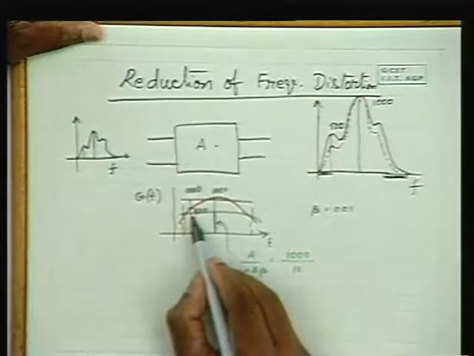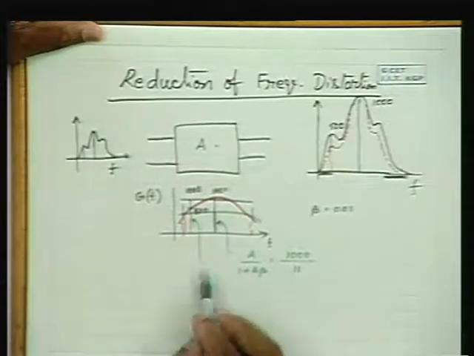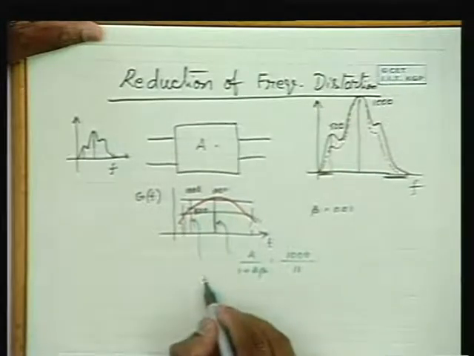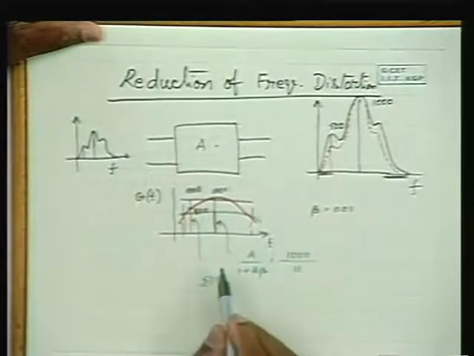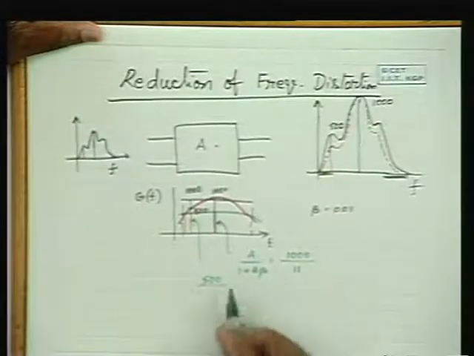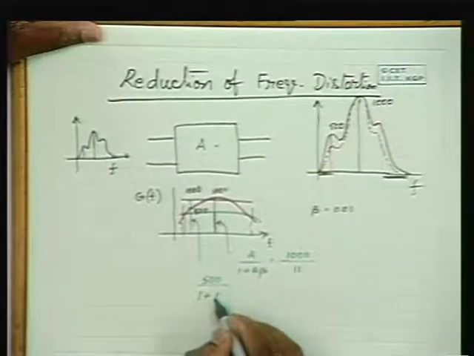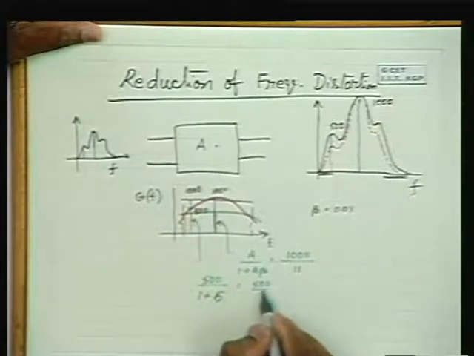And what about the gain for this? Gain at this frequency now? Gain is not 1000, it's only 500, but beta is the same because the same frequency independent feedback is provided. So in this case A beta is 5, and the gain is equal to 500 by 6.